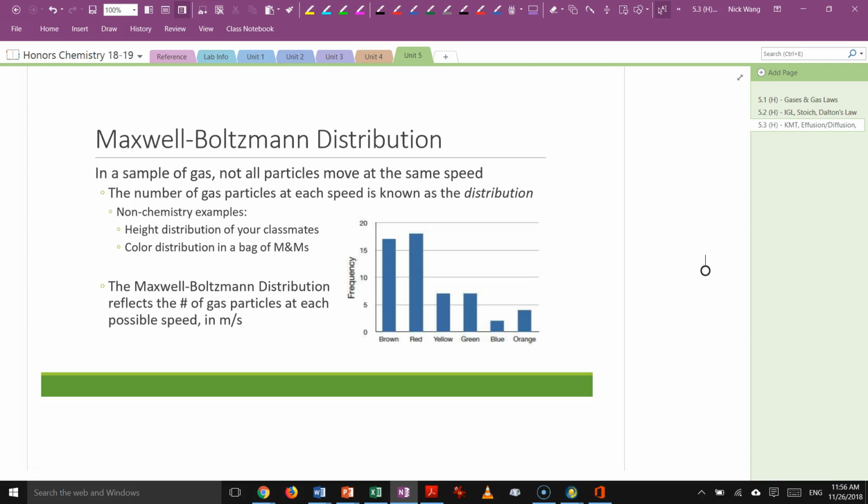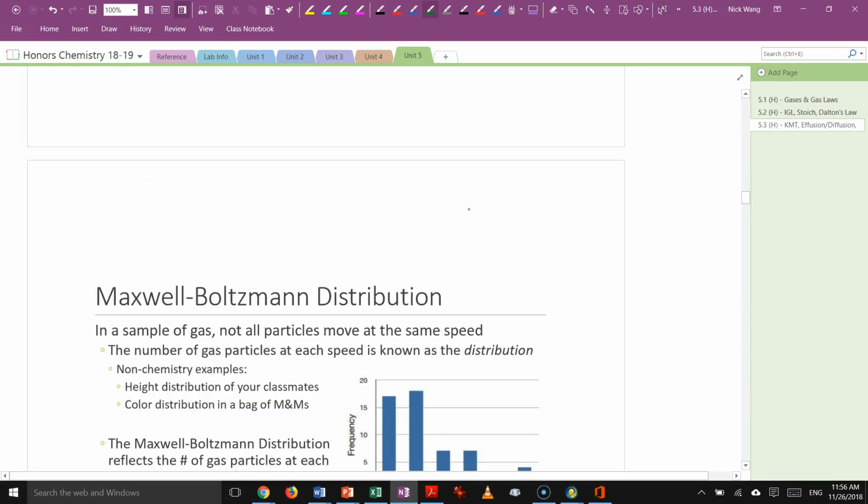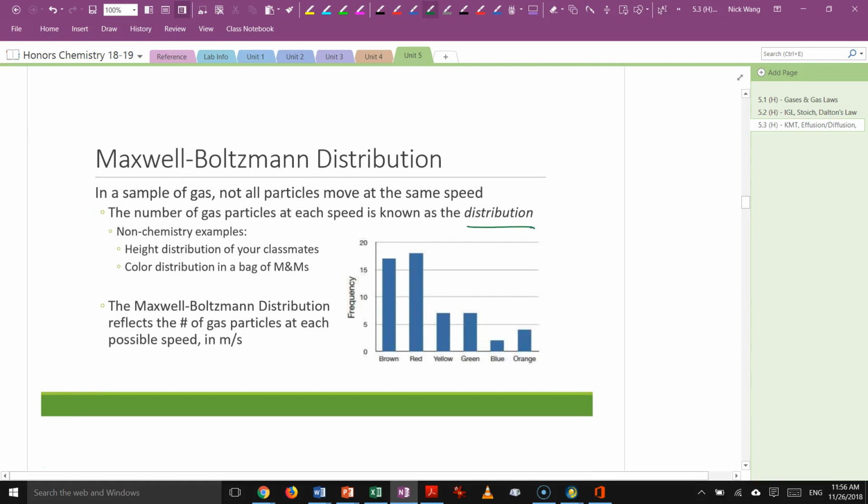So each speed, and the number of gas particles that move at that speed, is called the distribution. The word distribution is talking about how it's spread out: how many particles are moving at a certain speed? That's the distribution. So, quick non-chemistry examples: you can figure out the height distribution of your classmates.